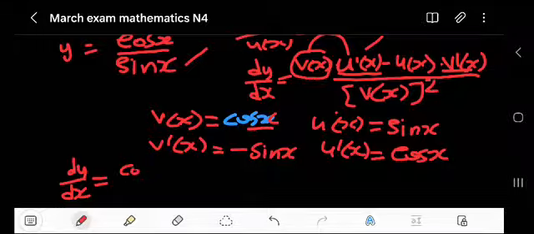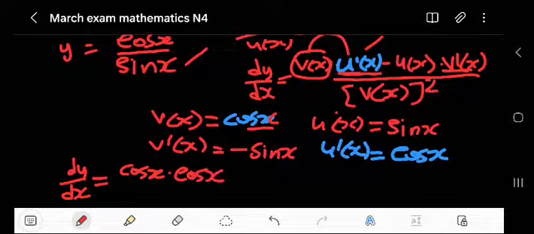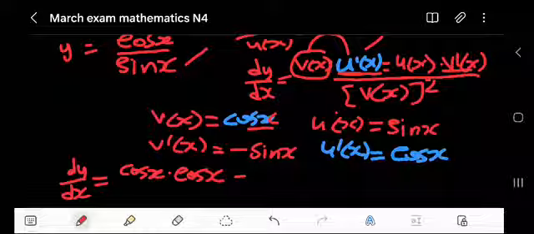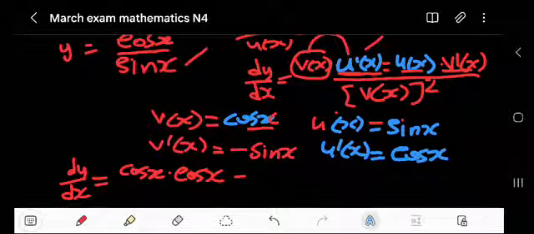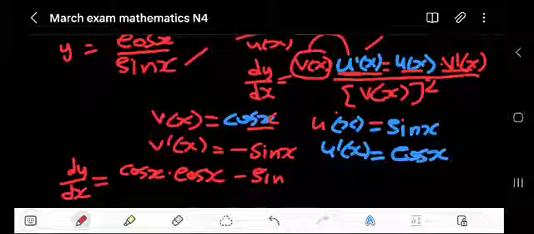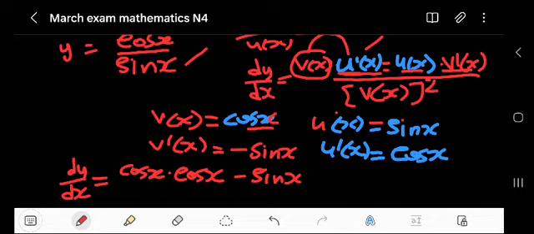We'll have cos x multiplied by u prime, which is cos x again, minus u of x, which is simply sine x, multiplied by v prime, which is negative sine of x.